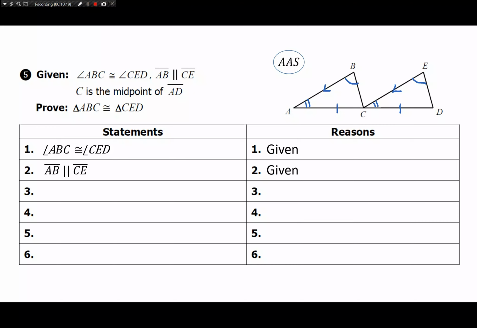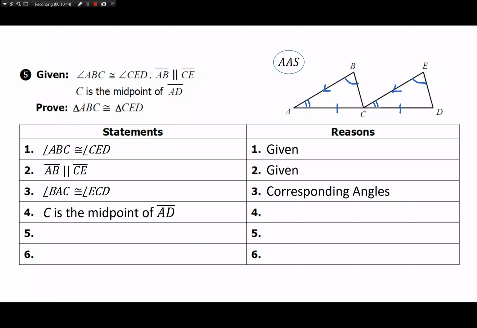Alright, what that ends up telling me, that does not give me the angles or anything yet, so I need to figure out how to get to an angle from that, and we end up concluding that angle BAC is congruent to angle ECD because they are corresponding angles. So that gives me my second angle for the angle side. Now I just need to get the side. So we're going to use the next given part, which is C is the midpoint of segment AD.